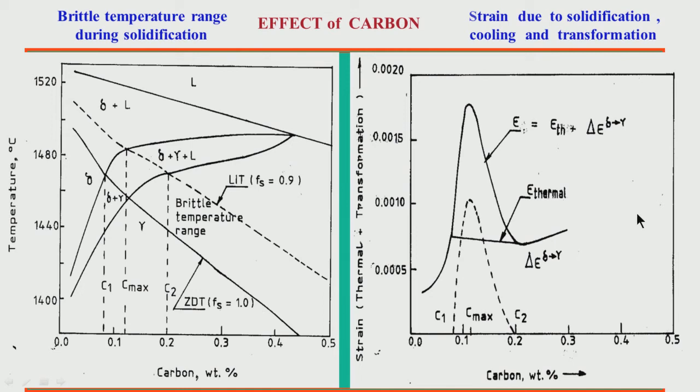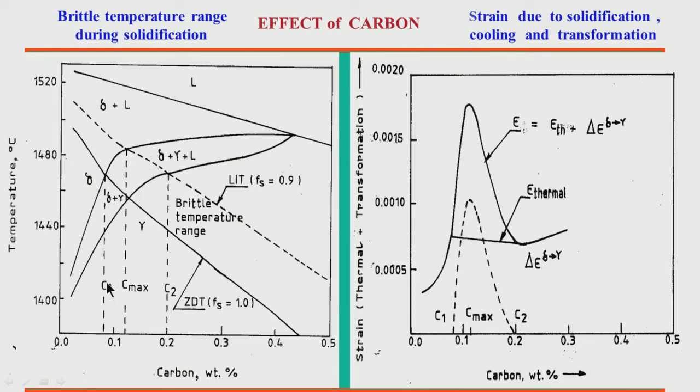So, as I have mentioned, the chemistry plays an important role. Here also I am trying to show that with change in carbon percentage, what is happening to the different phases, to the solidification, and to the delta to gamma transformation.